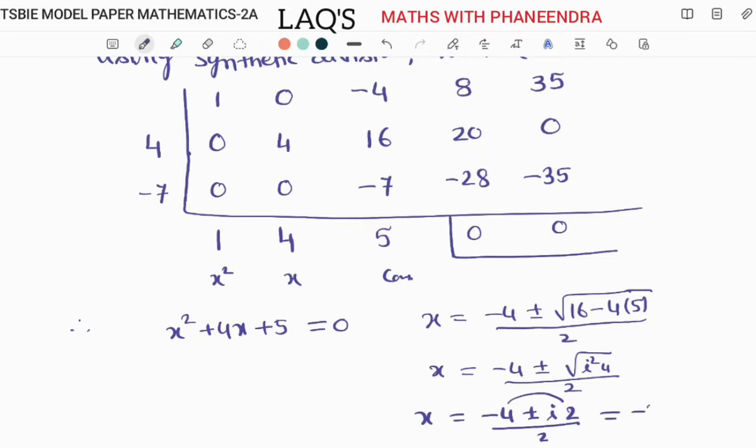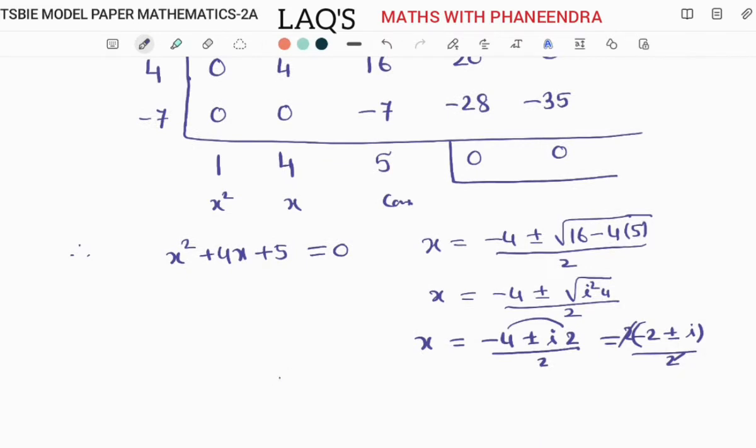So 2 into minus 2 plus or minus i by 2. 2 gets cancelled. Therefore x is equal to minus 2 plus or minus i. So these are the factors. One is minus 2 plus i. Another one is x is equal to minus 2 minus i. These are the factors.